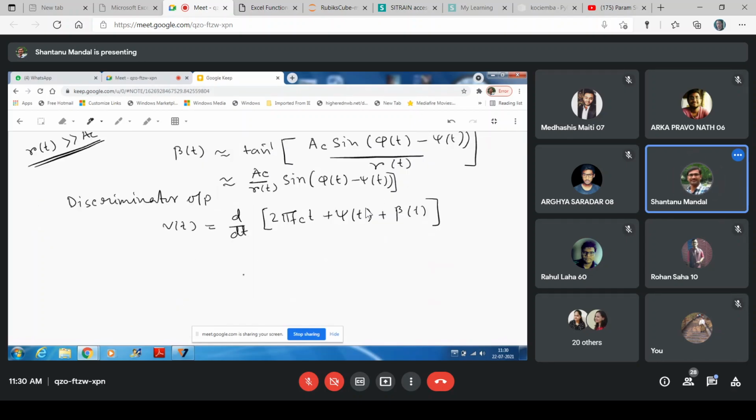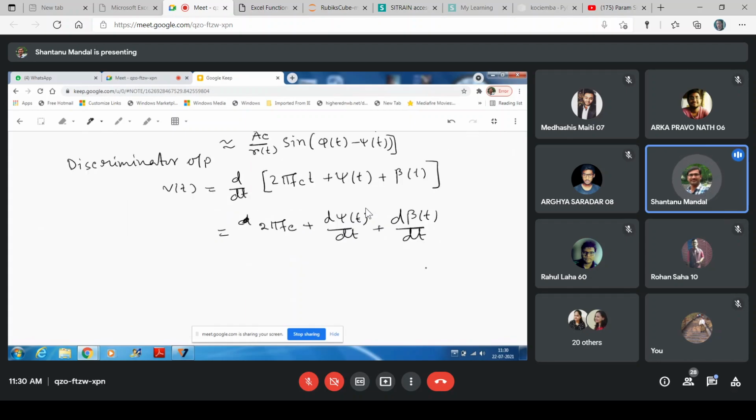So d/dt of this is equal to 2 pi fc plus d of psi t dt plus d of beta t dt. Now the term d of psi t is actually the noise part.